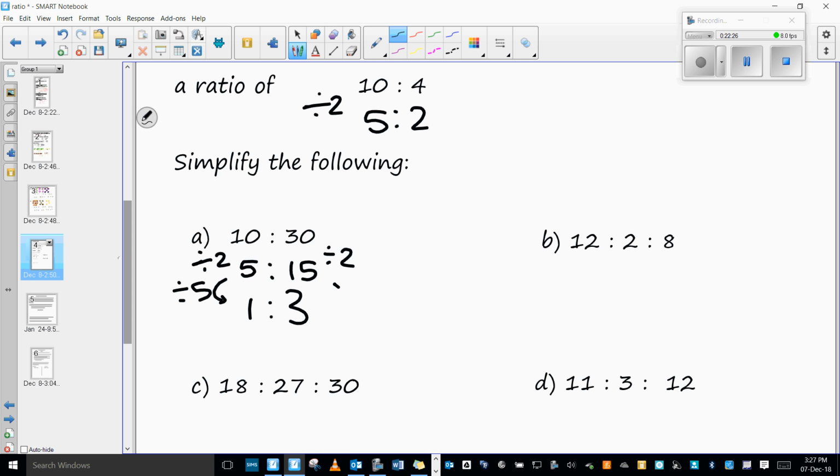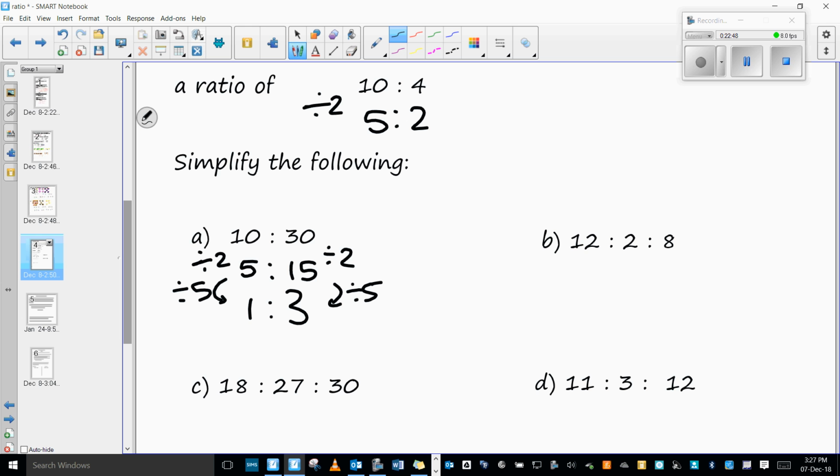What should we ideally have done from this top one to this bottom one? Okay? Divide by 10. Okay? So you want to try and go as quickly as possible, but you don't have to. You can go in baby steps if you want to. Same with fractions. Sarah? So for this question, 5 goes into 10 and 30.